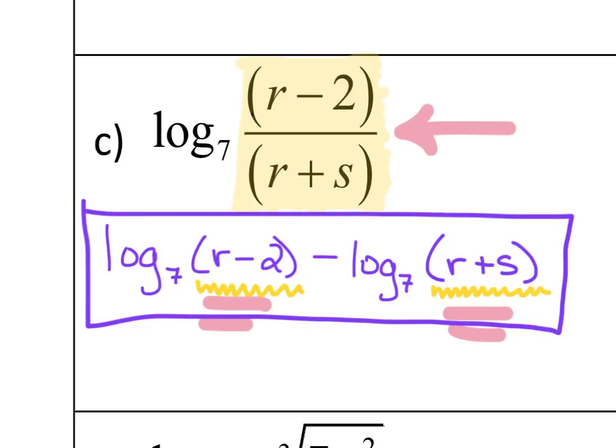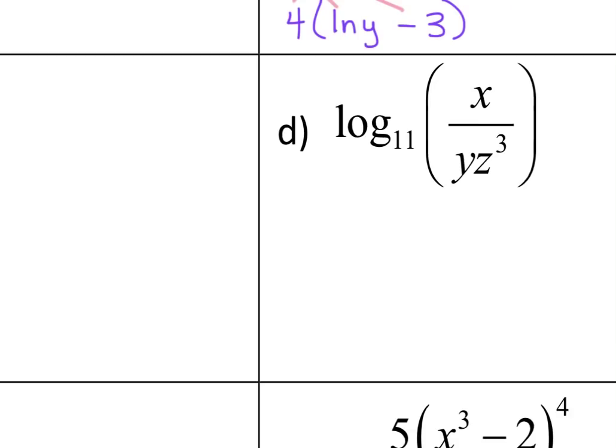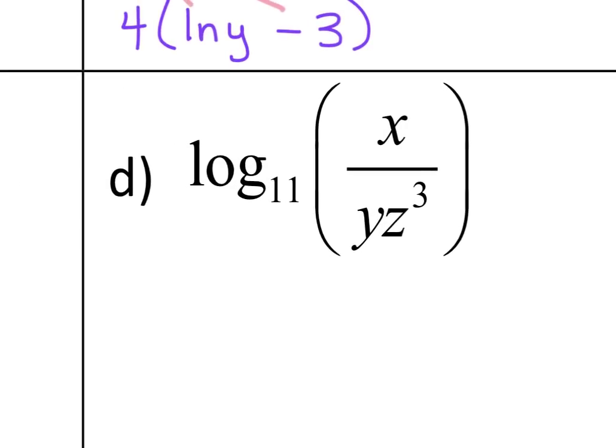Now, in a problem like letter D, what I want to see you do is show me that you know what to do with numerators and denominators when they're in a logarithm. So here I see three things: the x, the y, and the z cubed.